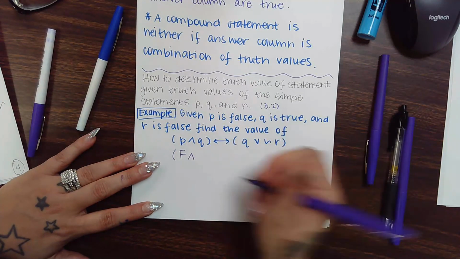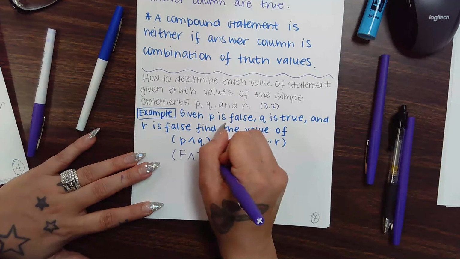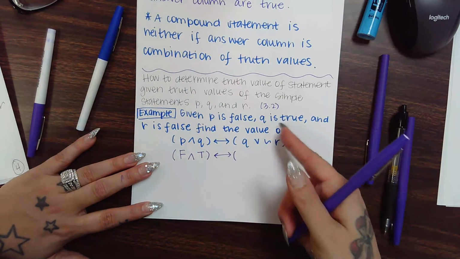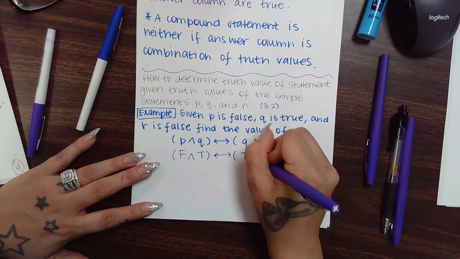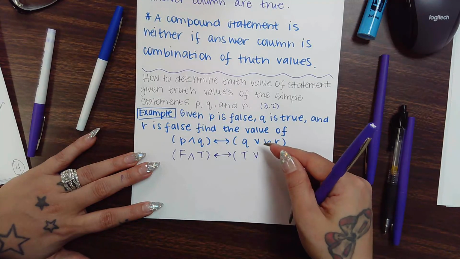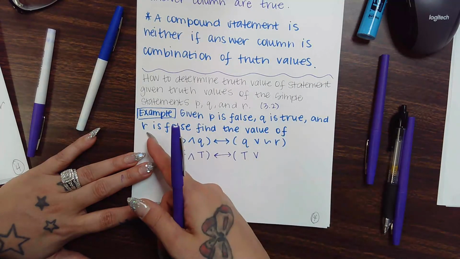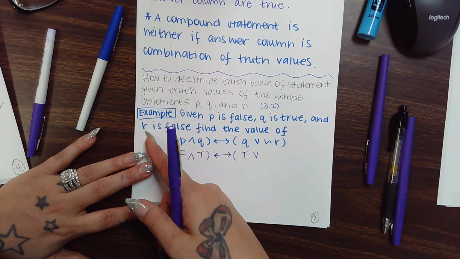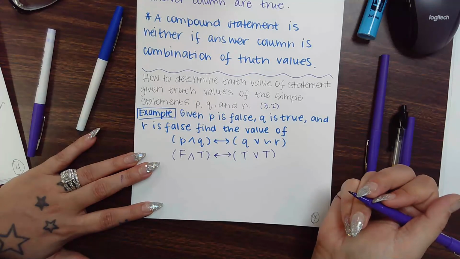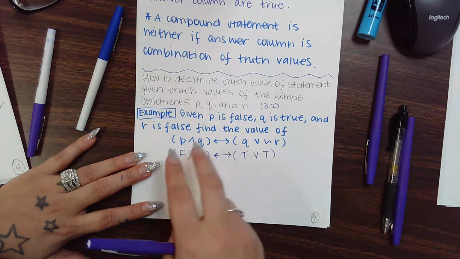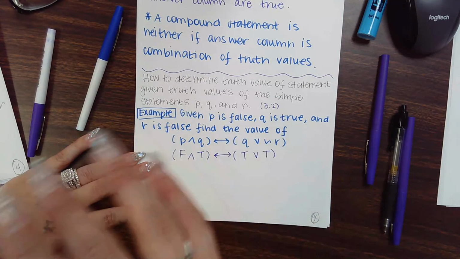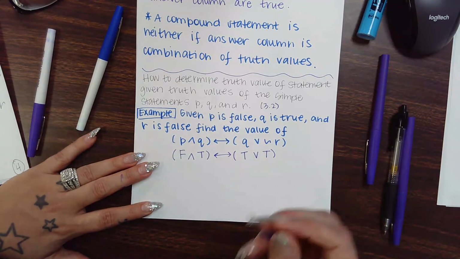I'm told that Q is true, close, if and only if, open, Q is true, or, and then it says not R. So that's actually the negation of R. The value they gave me for R is false. Not R would be true. Then I work on the left parenthesis, keep this if and only if biconditional symbol, and then work on the right parenthesis. And then the last step will be to apply that conditional. I'm so sorry, the biconditional.